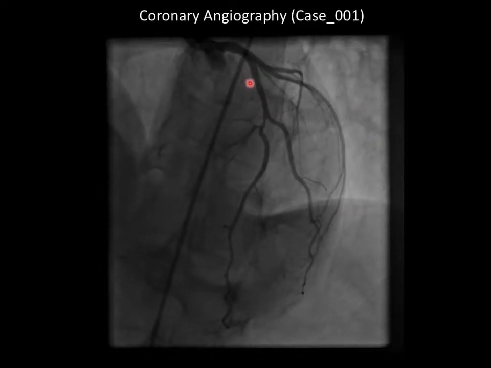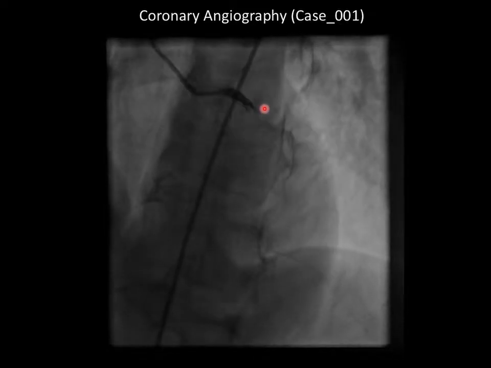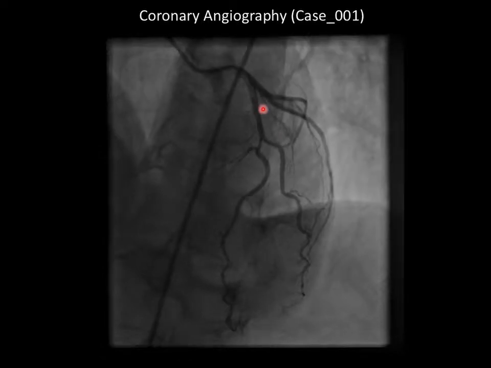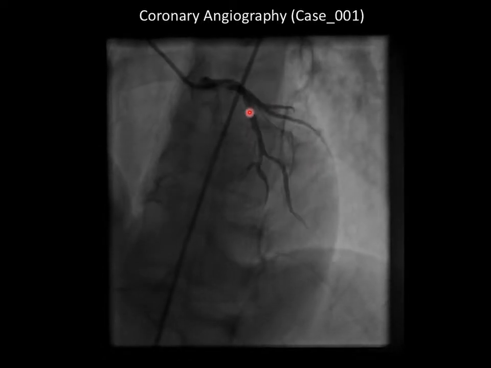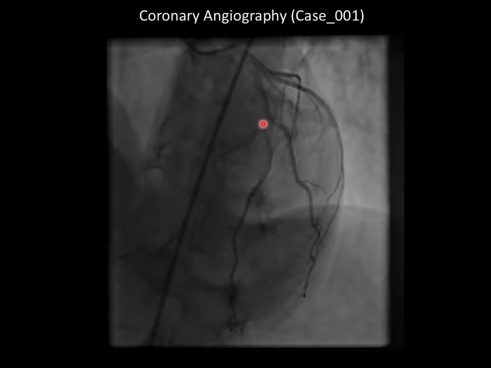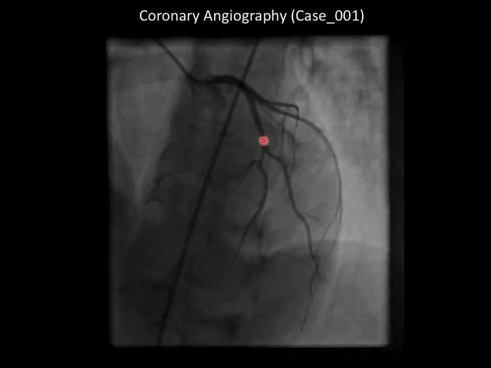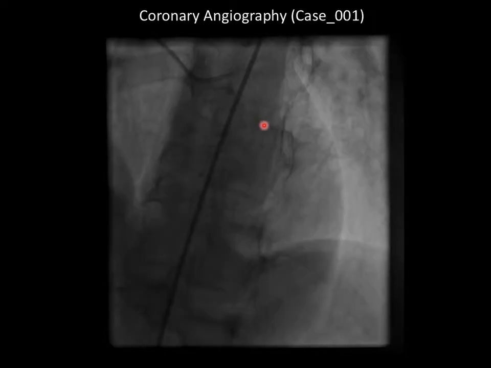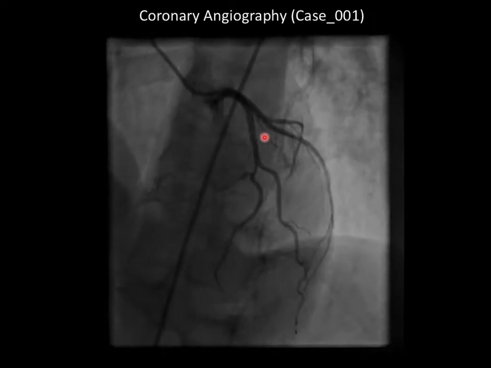So if you're coming down and the caliber is fairly constant and then it changes and it gets narrower suddenly, that's not a good thing, right? And so in this one, if you look at that little takeoff there between this branch, where the LAD is branching, that looks a little narrow right there.